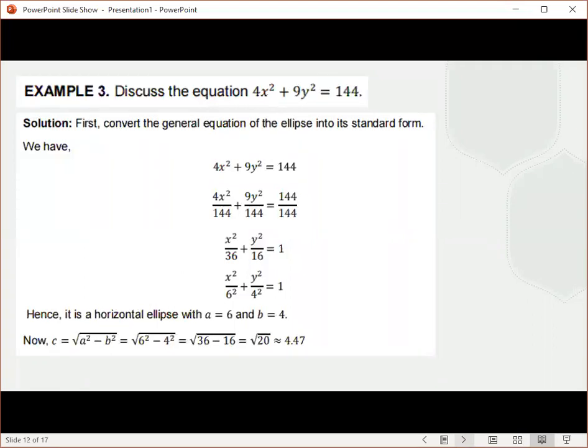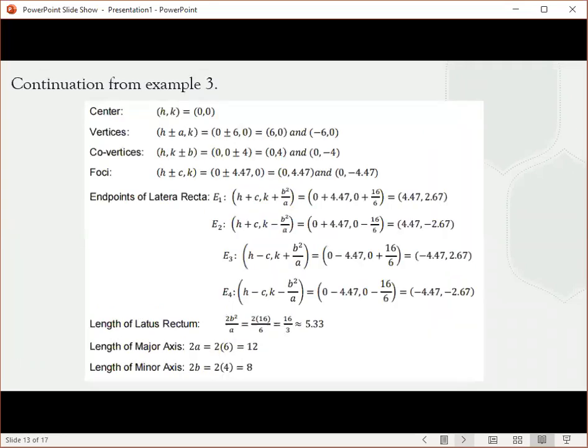Is it horizontal or is it vertical? Okay, very good. It is still horizontal. So using the equations presented to you earlier, we have all of this. So the center has coordinates H, K with coordinates 0, 0 at the origin.